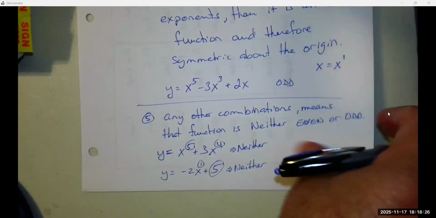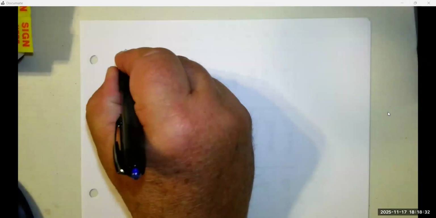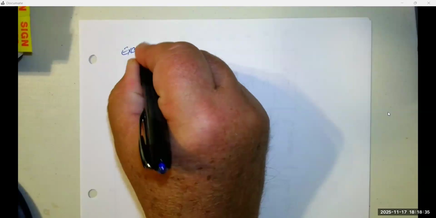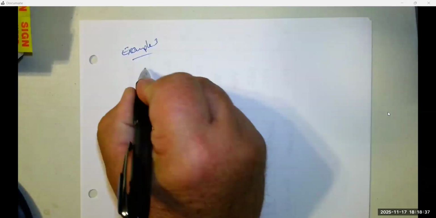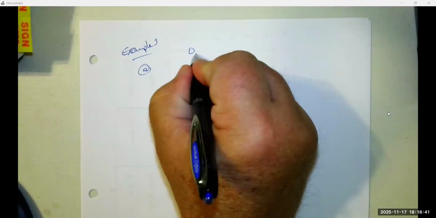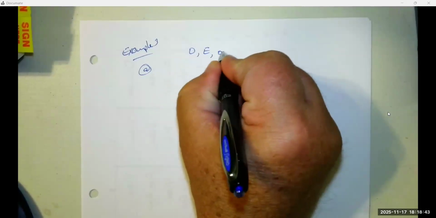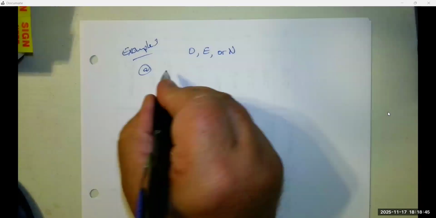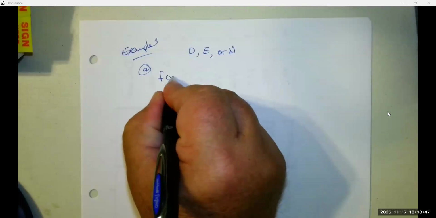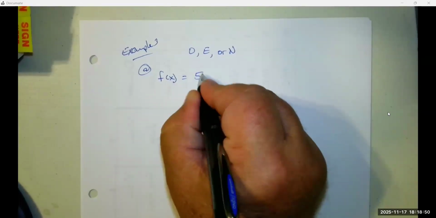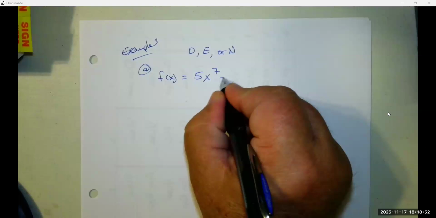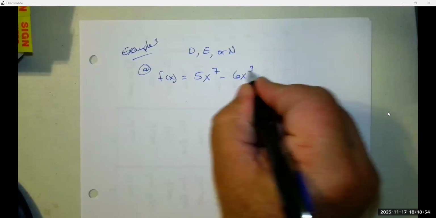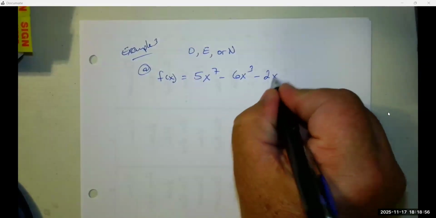So let's look at an example. Tell me if this is odd, even, or neither. 5x to the 7 minus 6x cubed minus 2x.